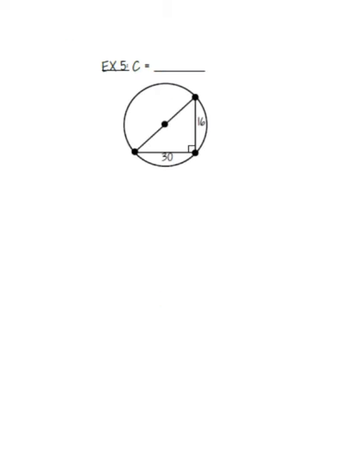Let's do some more examples. The next example, I'm looking for the circumference. When I look at this, I see I have a right triangle. So this is a multi-step problem. I have my A side, and I have my B side, and my entire diameter is C. So I need the Pythagorean theorem to find my hypotenuse. A squared plus B squared equals C squared.